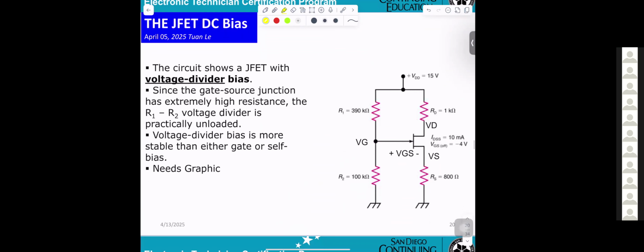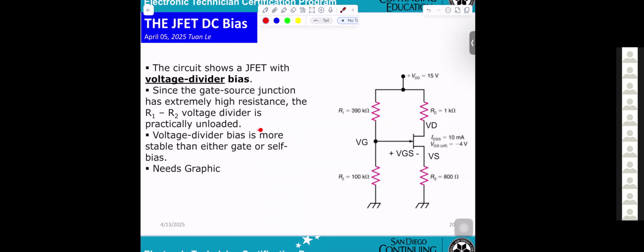And the next one, voltage divider bias. You're already familiar with the voltage divider here. Since the gate source junction has extremely high resistance, R1 and R2, the voltage divider, is practically unloaded.